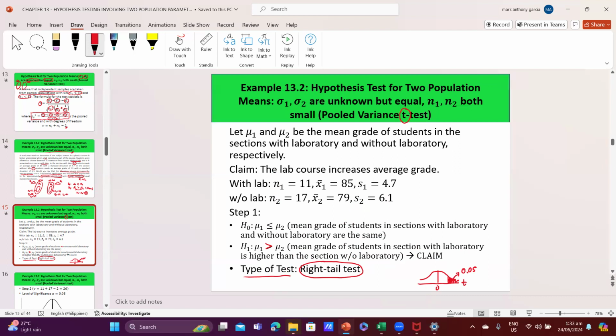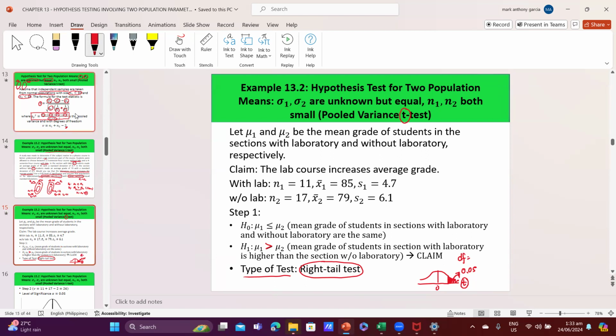So this is our rejection region, and the boundary of this rejection region and the non-rejection region would be our critical value. This critical value will be obtained from the t-distribution table, which also makes use of the degrees of freedom.